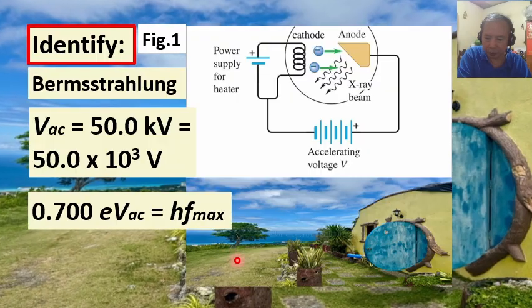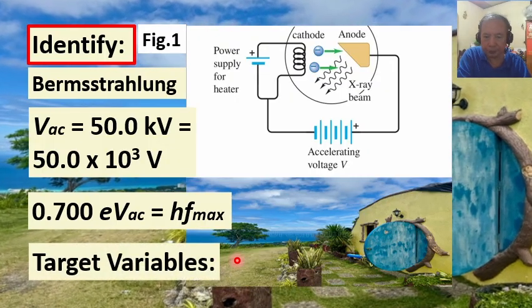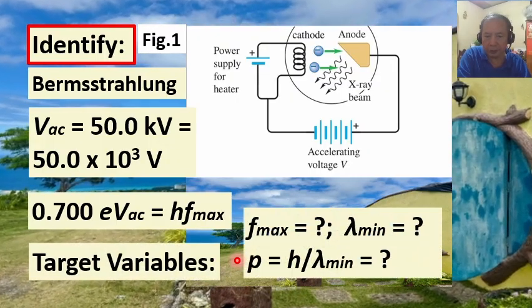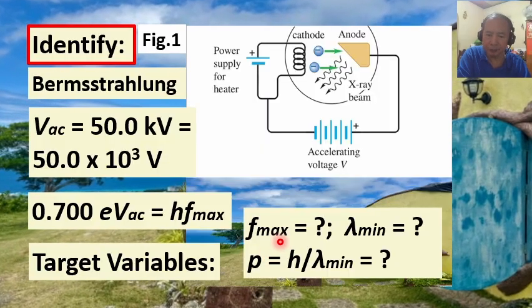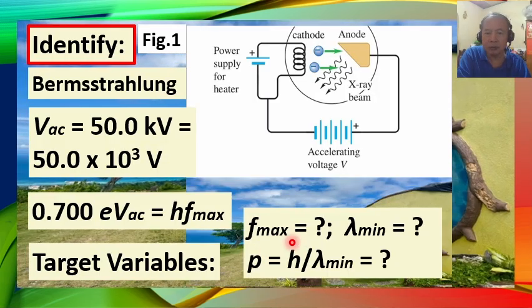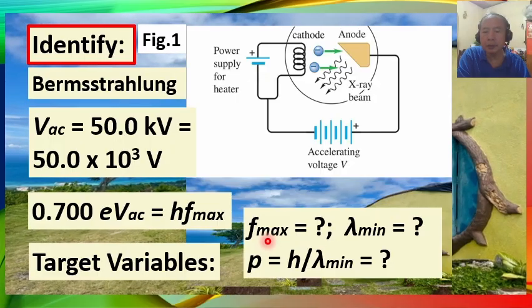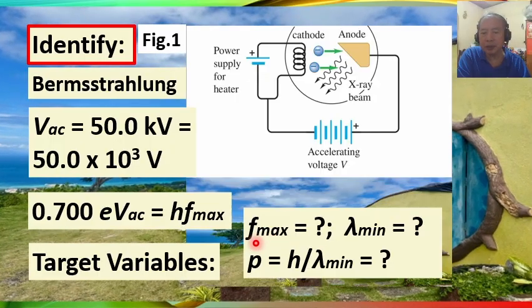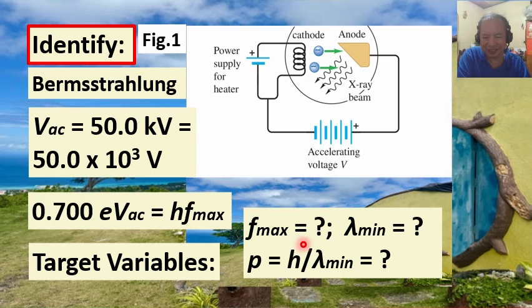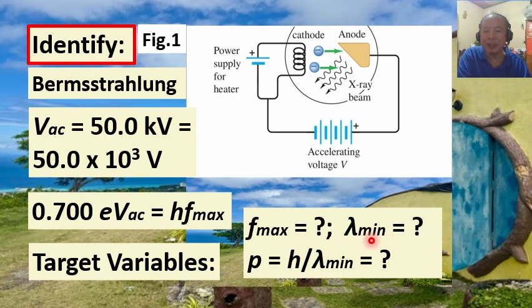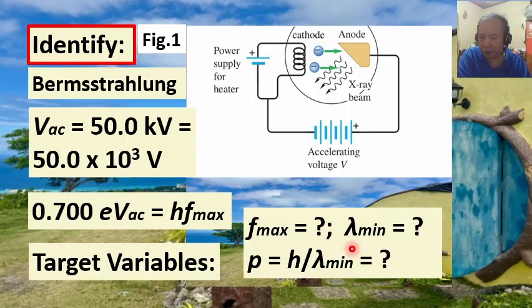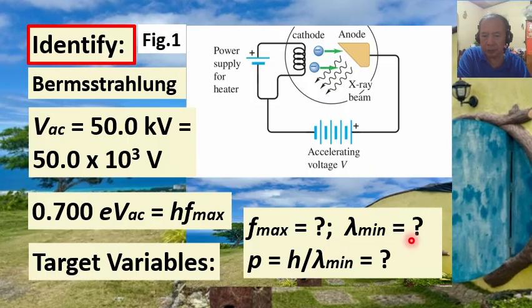And the target variables in this problem are the maximum frequency of the photon, denoted as small letter f sub max. Of course, it has a corresponding minimum wavelength, denoted by lambda sub min.